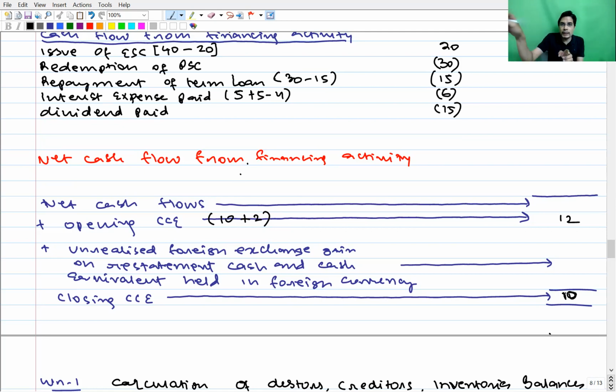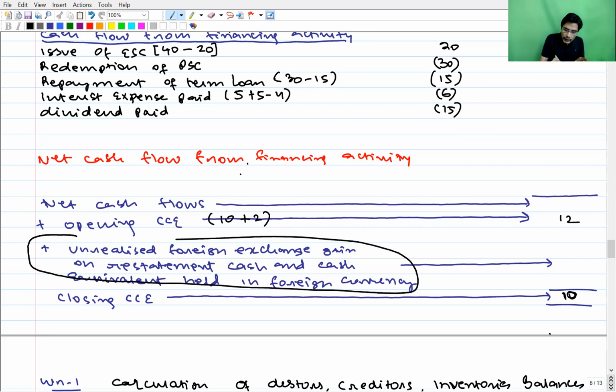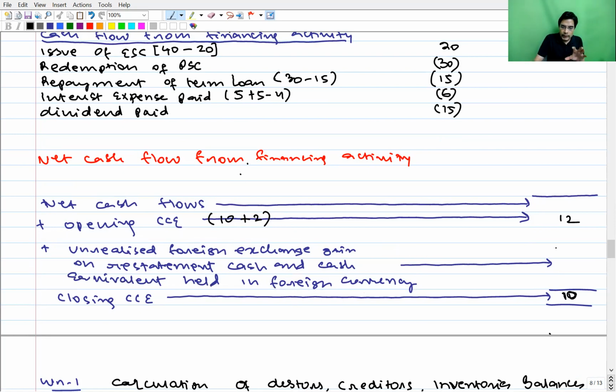So to match it with balance sheet CCE, we have to additionally add the unrealized gain at the end of the cash flow statement, or you can prepare a reconciliation table separately. I am adding within the cash flow statement only the forex gain, which is given in the P&L account.